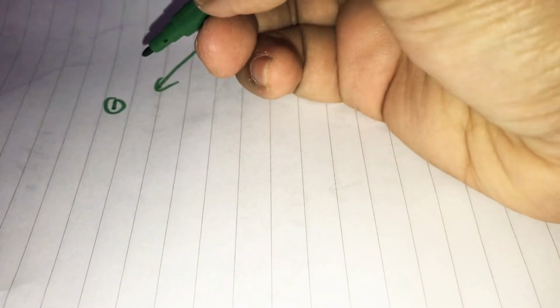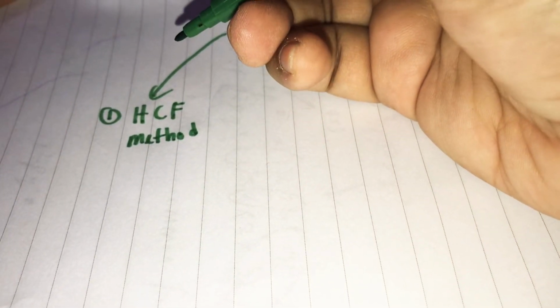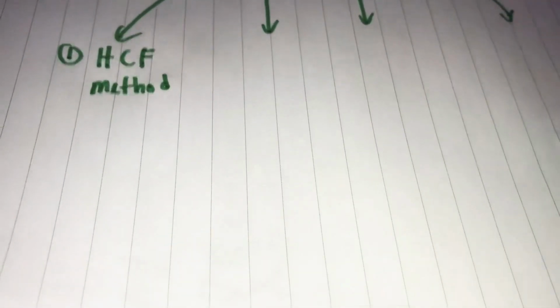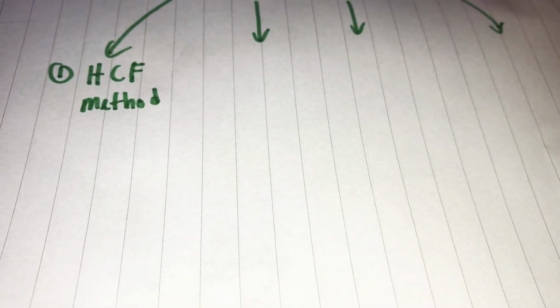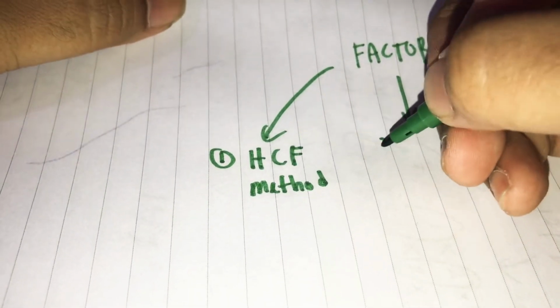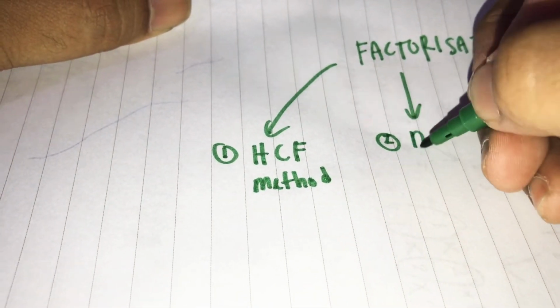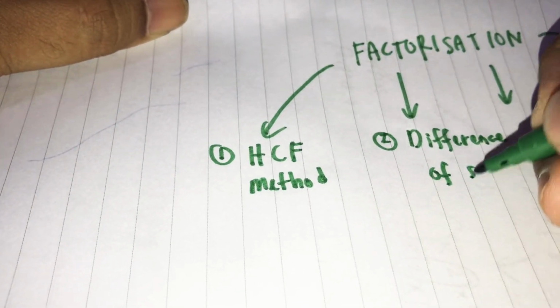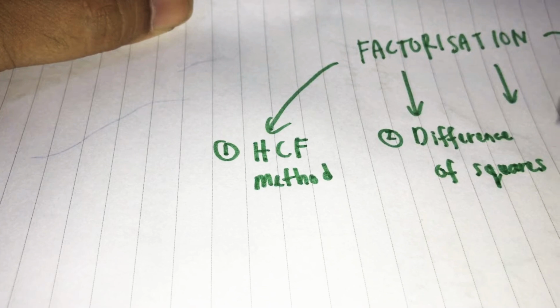Okay, the first method we call the highest common factor method, using the HCF method. You can refer to textbook page 28. Okay, the second method is using difference of squares.